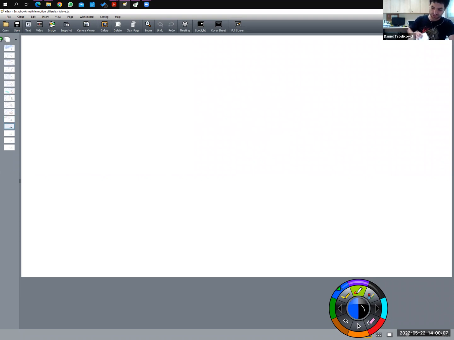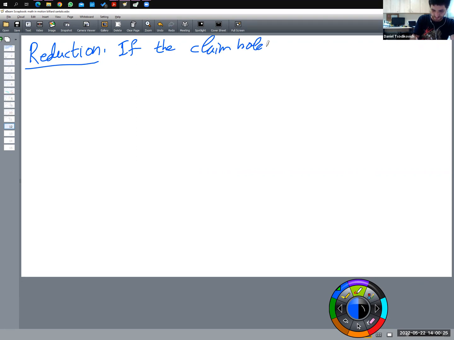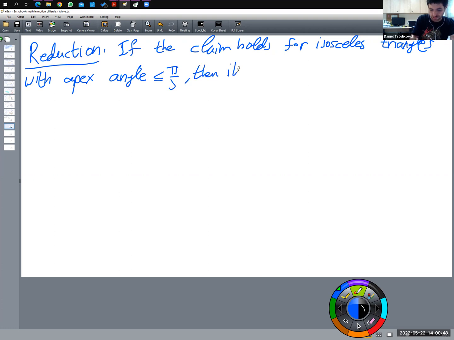Second reduction: if the claim holds for isosceles triangles, in fact, I can insist that these triangles have apex angle at most pi over 3, then it holds for all triangles.